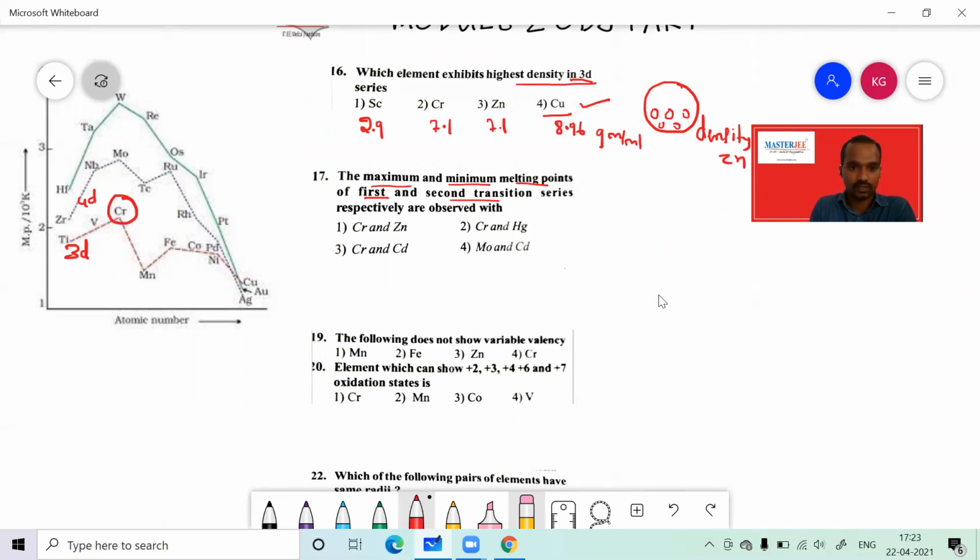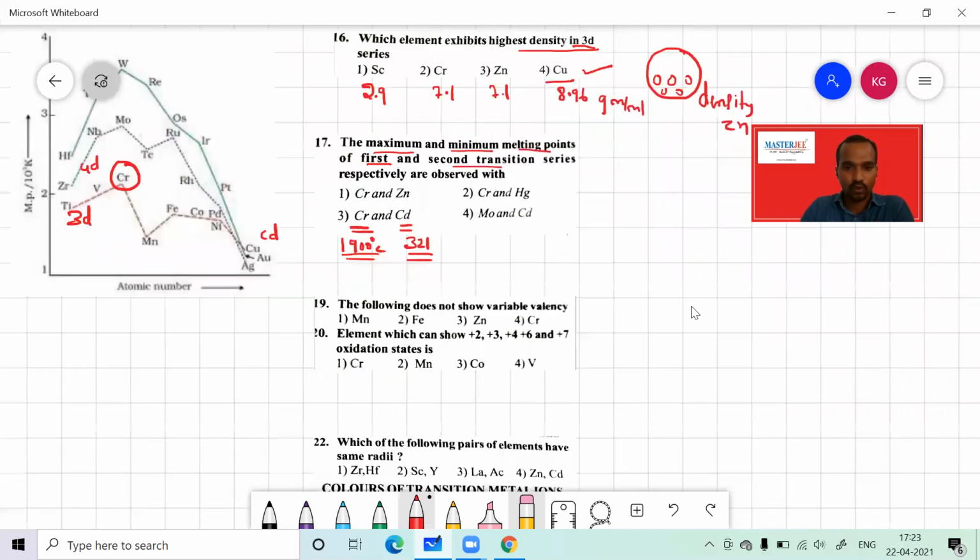In the 4D series, the least melting point is cadmium, though they didn't give it here. Cadmium's melting point is 321 degrees Celsius only, while the highest is 1900 degrees Celsius. So these are the highest and least melting points in the 3D and 4D series.